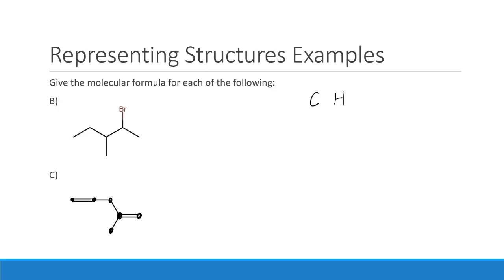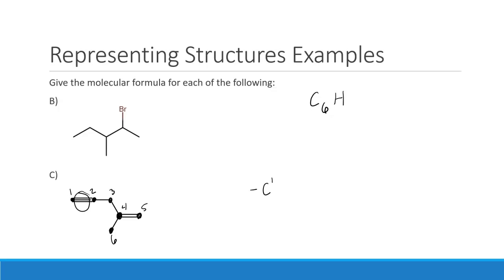And then there's a carbon on every corner and every end. And so if we number them from left to right, we've got 1, 2, 3, 4, 5, and the sixth one at the bottom. So already found that we have 6 carbons, and we simply need to determine the number of hydrogens, remembering that every carbon has to have 4 bonds. So that first carbon already has 3 bonds from the triple bond.